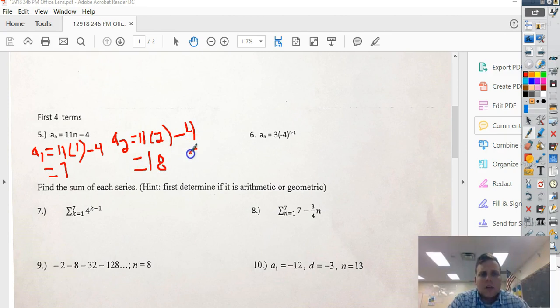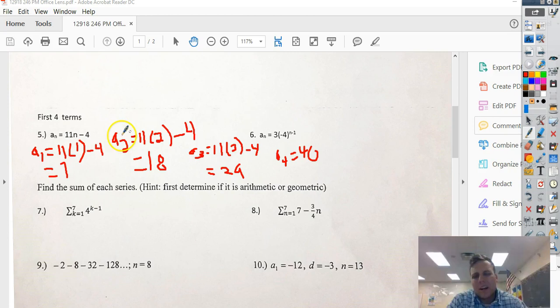There's your second term. To get the third term, you can just say 11 times 3 minus 4. 11 times 3 is 33. 33 minus 4 is 29. To get the fourth term, you just plug in a 4, and you would get 40, because 4 times 11 is 44. 44 minus 4 is 40. There's your first 4 terms.